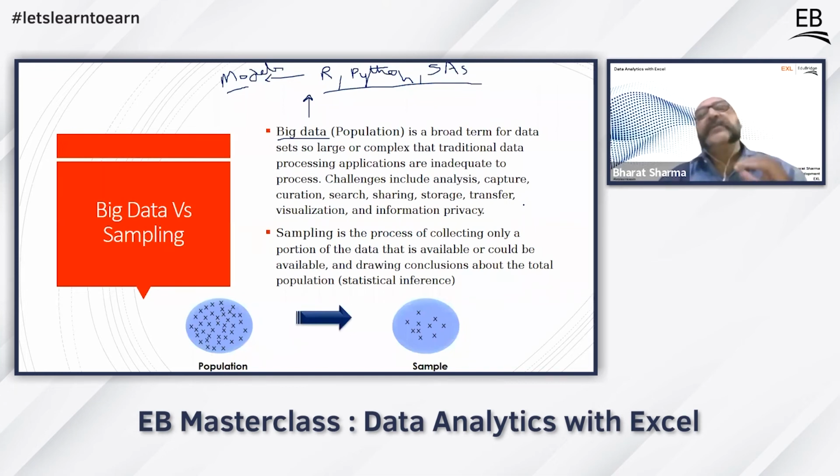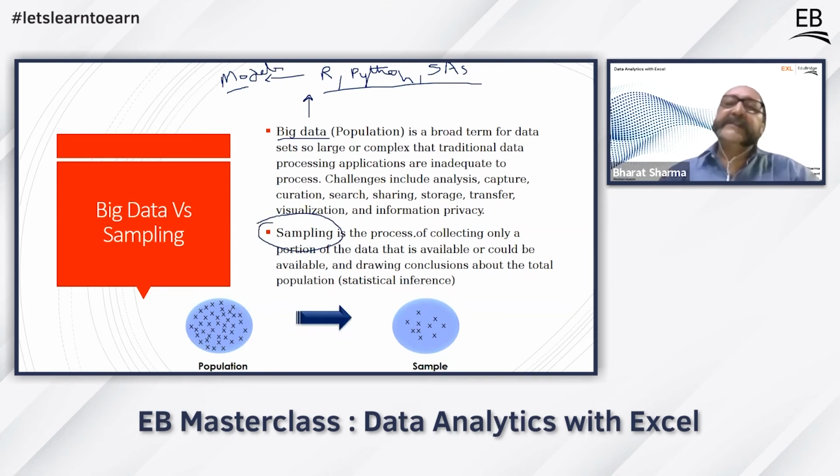Excel has limitations. Whenever I'm using Excel or certain other tools that I have learned, like Minitab, to do a lot of statistical analysis, big data becomes difficult. So we always rely on sample data.